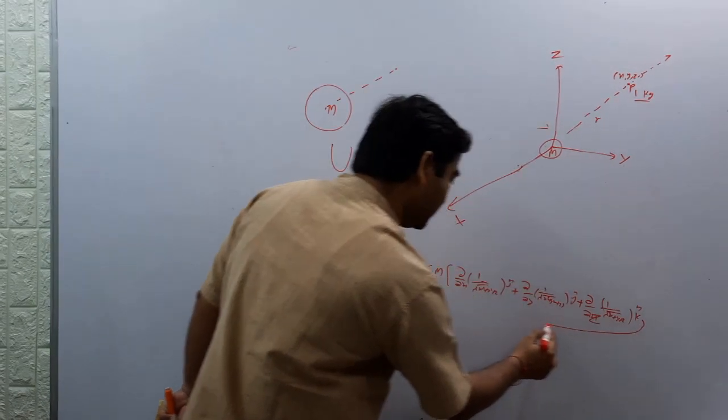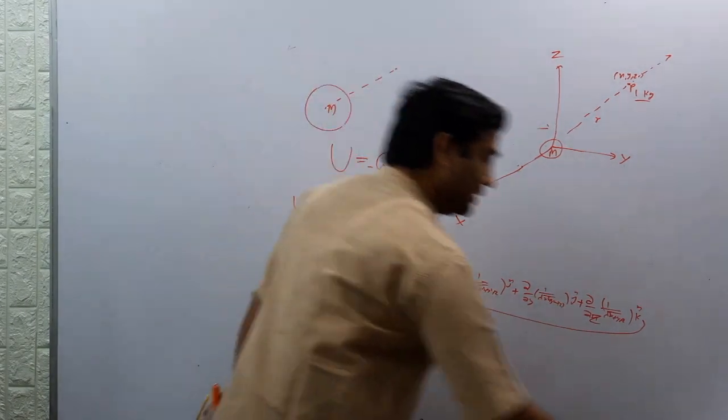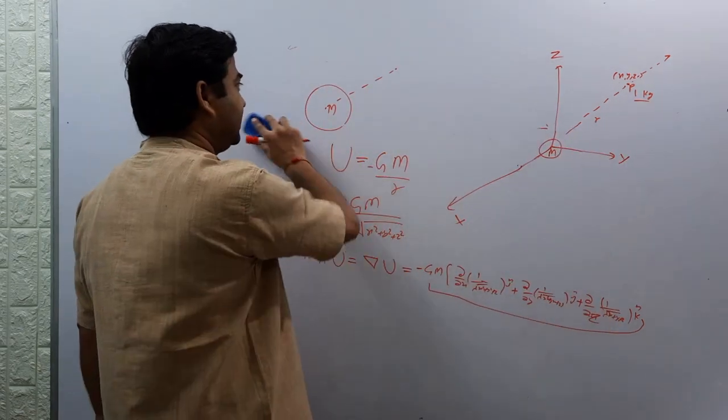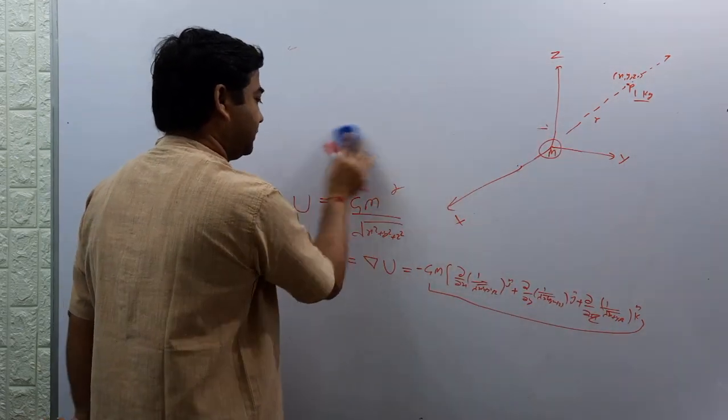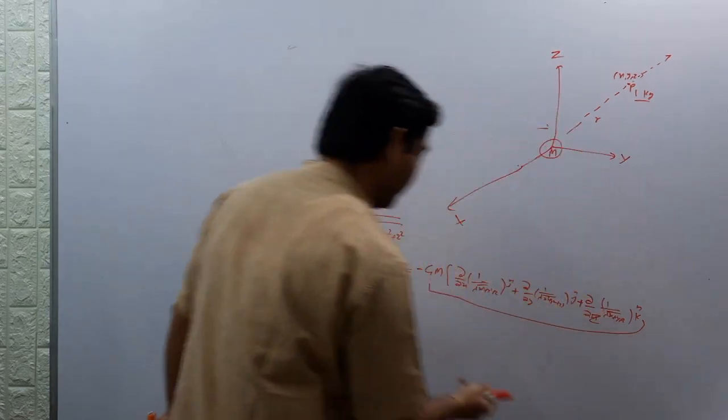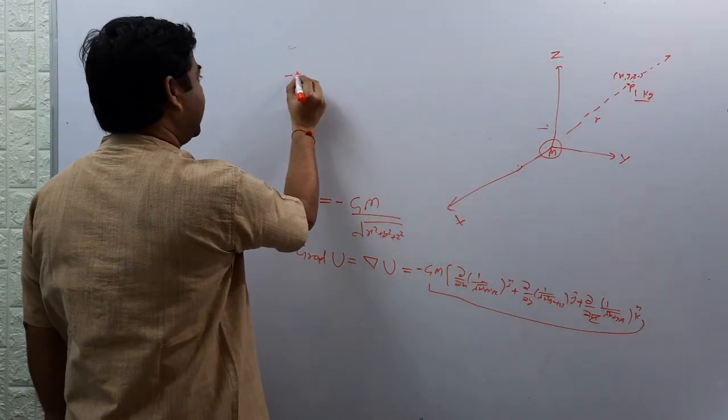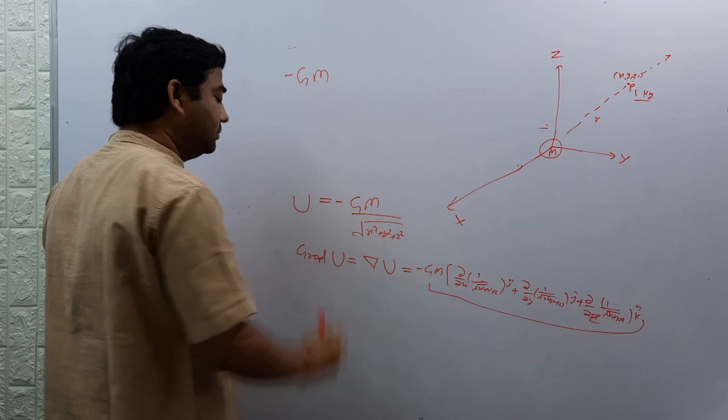This is grad u, gradient of potential energy function. So we will find it, minus Gm.